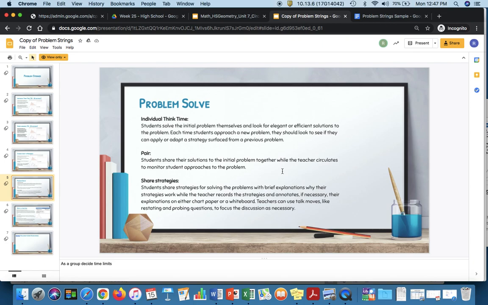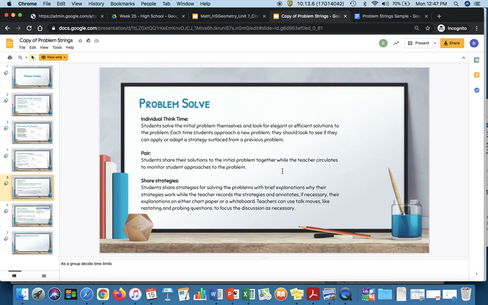And then we could look to pair them up and share the solution to the initial problem together. While again, we as a teacher, not circulating, but maybe popping in and out of breakout rooms to check in with students or whatever platform that we might be using, keeping those notes on students' works.